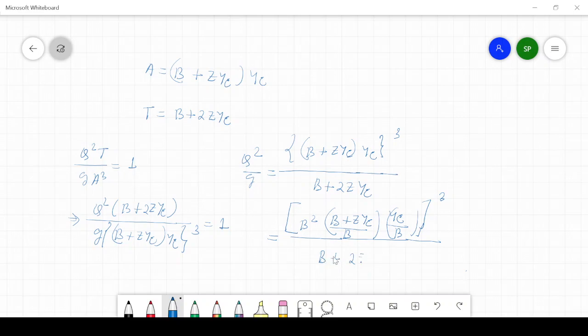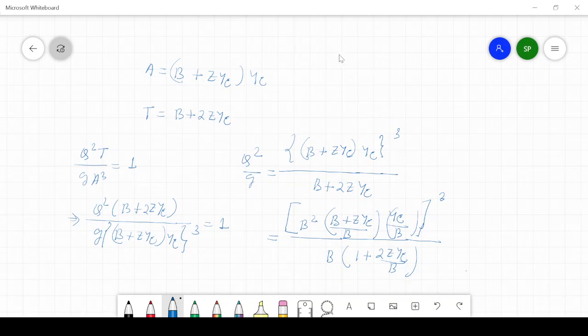From here also if I am taking common B, 1 plus ZYC by B. So in this way I can write this expression.